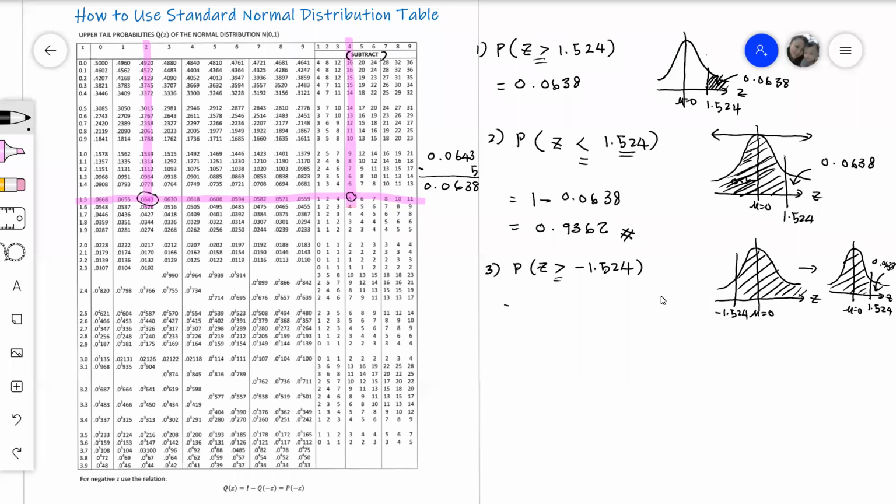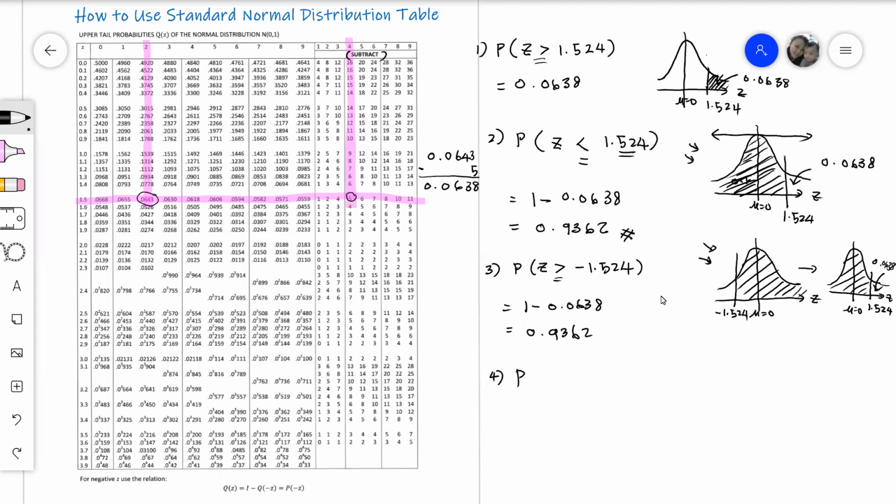So just take 1 minus the upper right tail, 0.0638. Exactly the same as number 2. But I do not encourage you to memorize. Always use the bell curve to help you decide whether you need to subtract from 1 or from 0.5. We'll come to that example later. So next, let's move on.